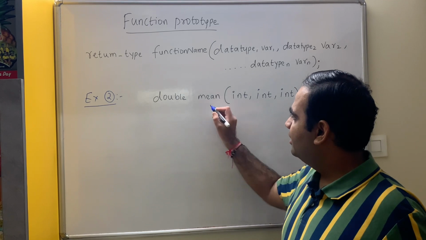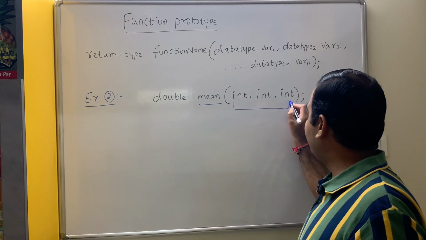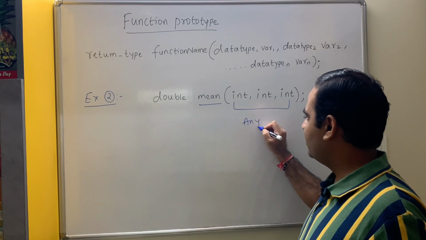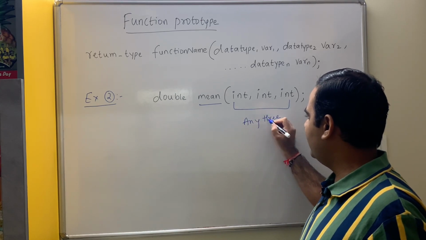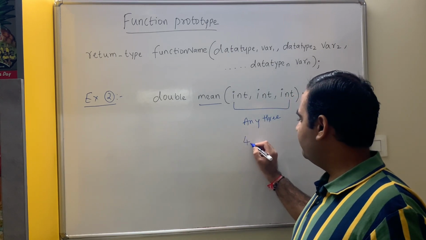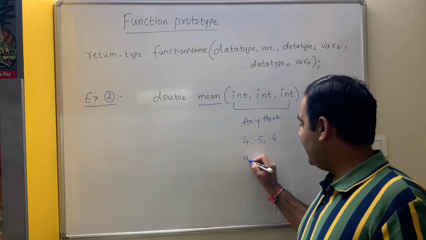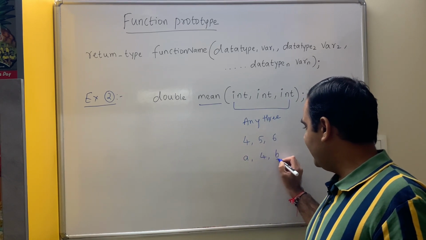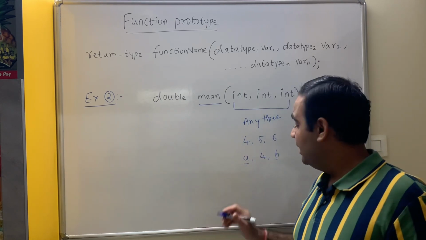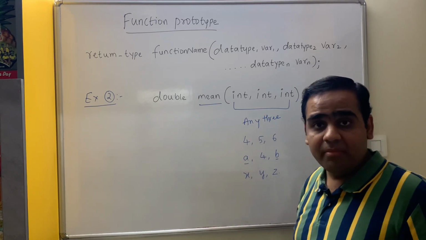It says that mean is a function which takes any 3 integers as input. This is very important. It can take any 3 integers as input. Any 3 integers may be 4, 5, 6. These are integers. It can be A, 4, B, where A and B are some integers. It can be X, Y, Z, where X, Y, Z are some integers.